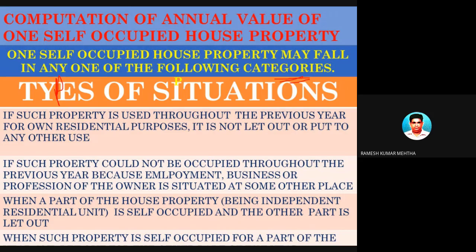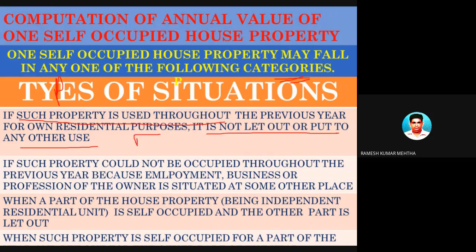There are majorly four different situations in which the house property can be occupied or let out. Let's read out one by one. If such house property is used by the owner throughout the year, during the whole year, for his own residential purpose and it is not let out or put to any other use.